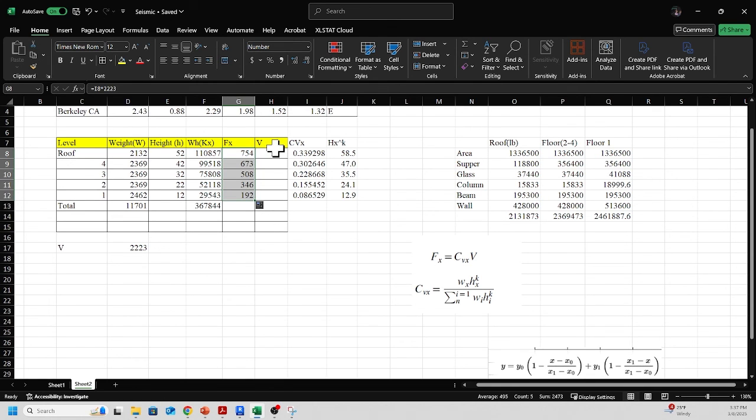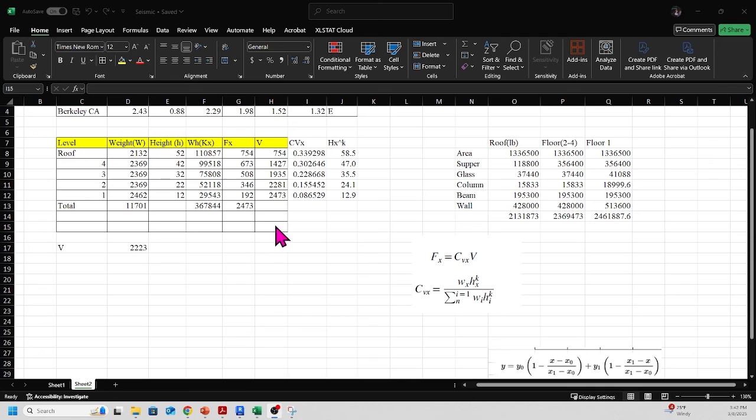So V is basically going the opposite way. This is equal to 754. This one is equal to this number plus this number. Enter. And we're going to bring that all the way down to here, 2473.